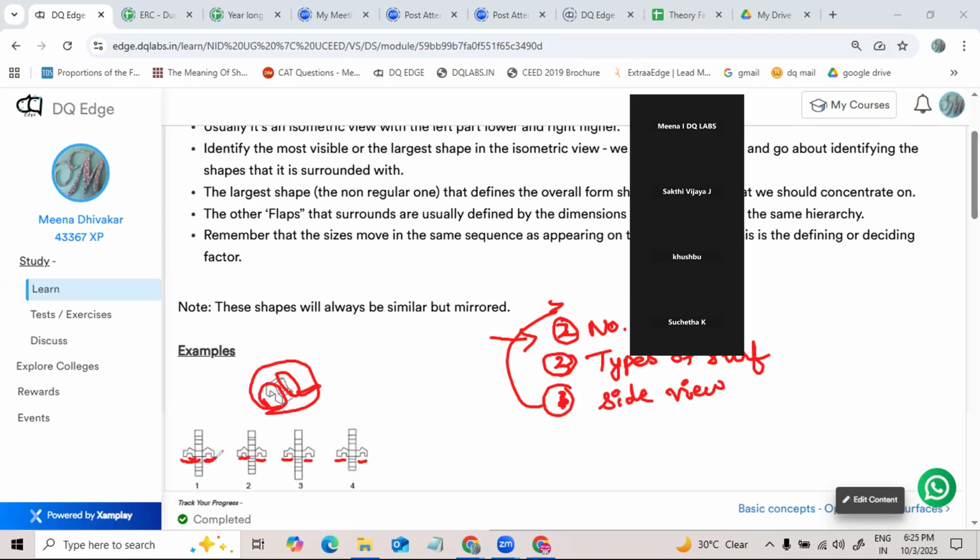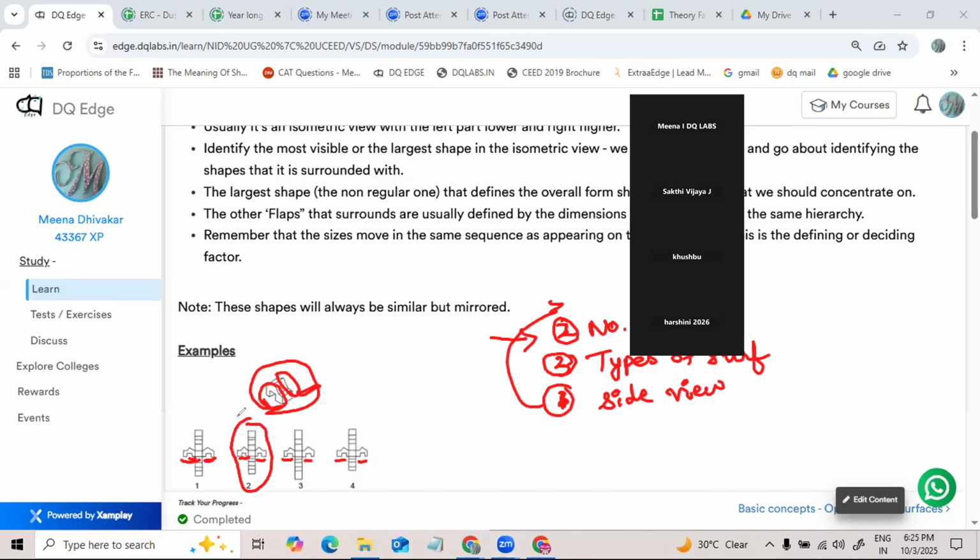So the first one, is it the same? No, ma'am. What about the second one? Is it the same? Yes. Third one, is it the same? No, ma'am. Fourth one, no. So I can directly say the answer will be the second.